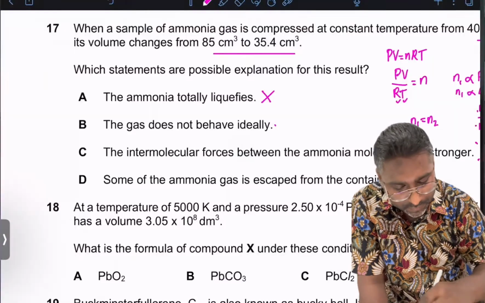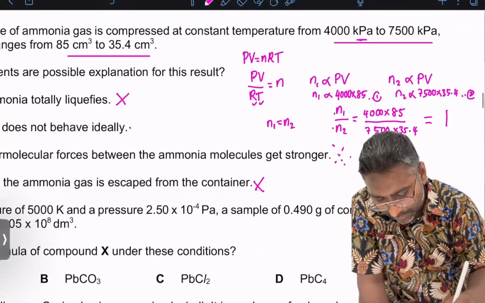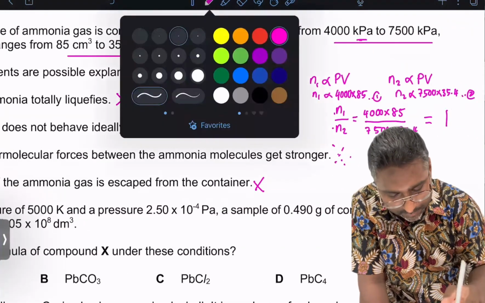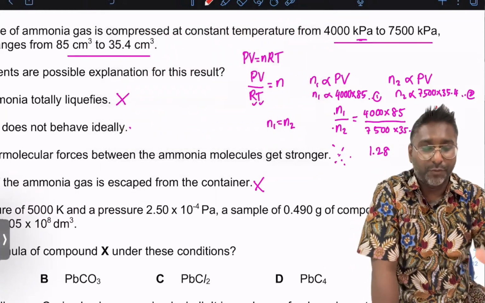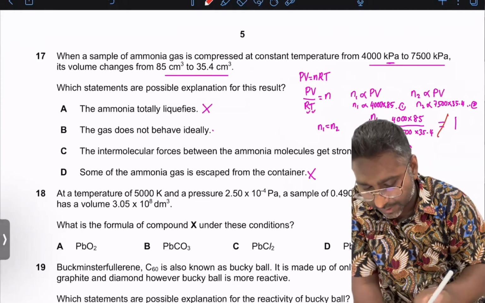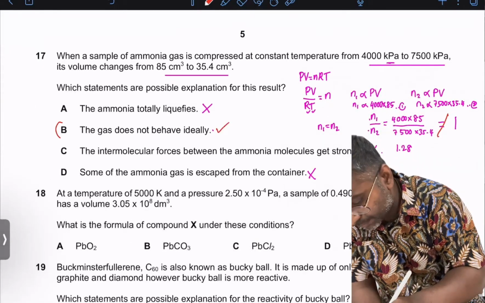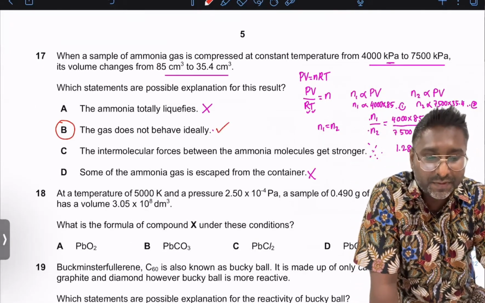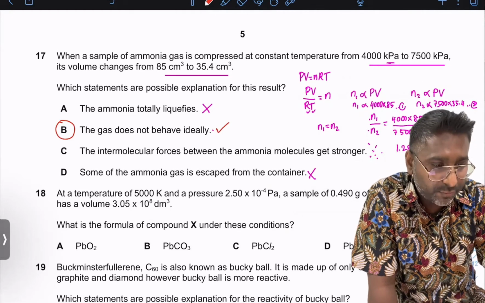So you are getting 1.28, which is not 1. If it is not 1, it means that they do not behave ideally. If they are ideal, it must be 1. So this is how you reach that answer.